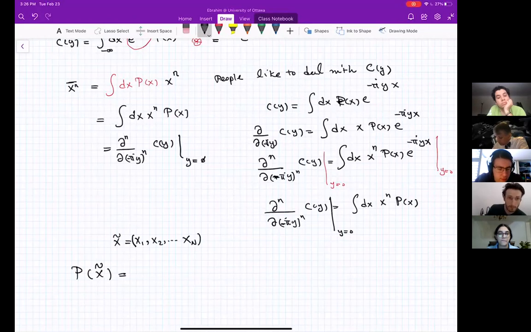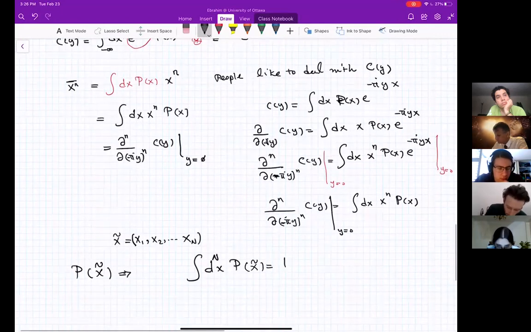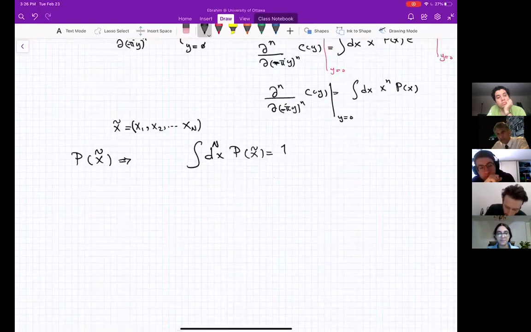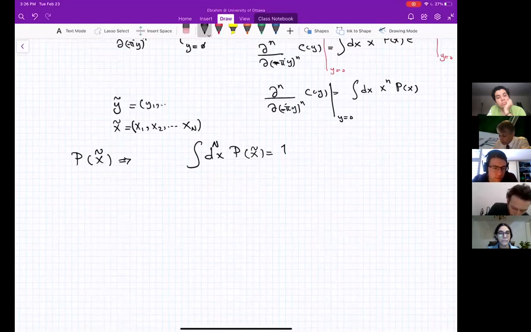Then the probability distribution satisfies the integral of d^n x p(x) equal to 1. And in the same fashion, you can define another conjugate space, which is y1, y2, up to yn.